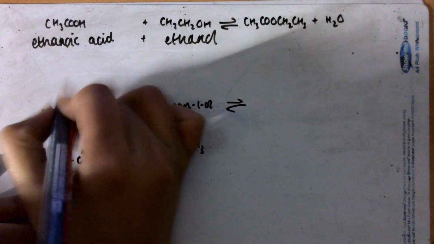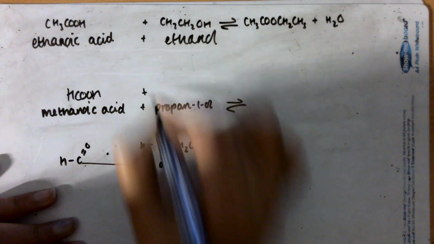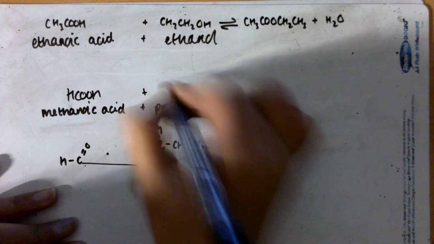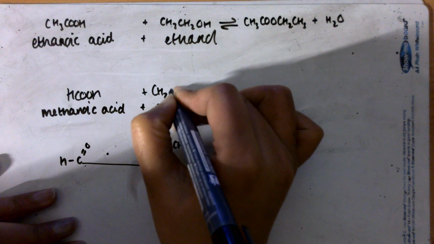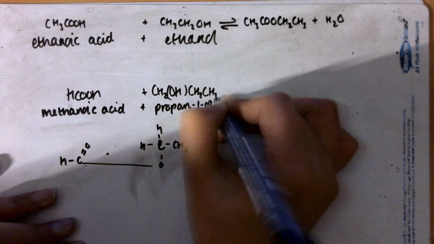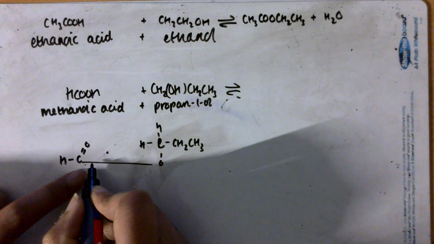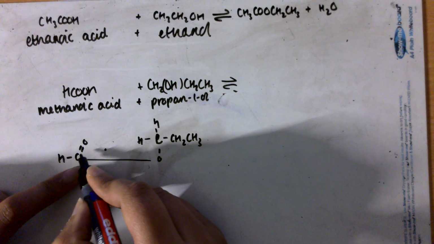So I've got my HCOOH for the methanoic acid, my propan-1-ol is CH2OH at the start, CH2, CH3, and now I've formed this ester.